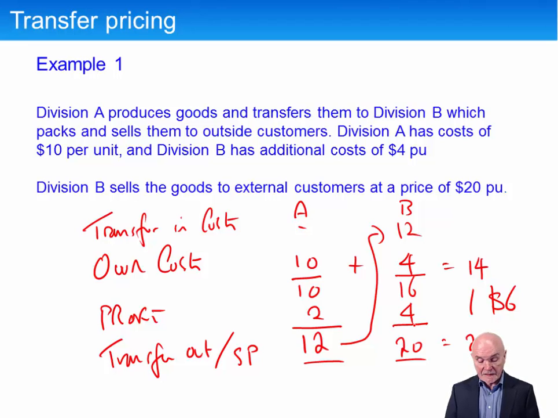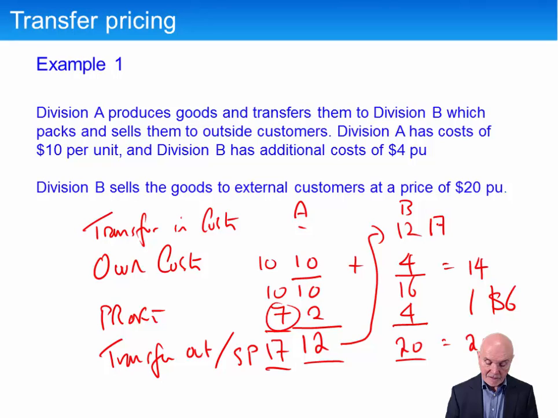If we had set a transfer price of, let's say, 17, so it would be coming down in here. A would be in here at, same as before, 10, 10, and then we're going to put in here a price of 7, 17. A makes a really nice big profit of 7, but when you get up to here, these poor people are transferring in at 17.